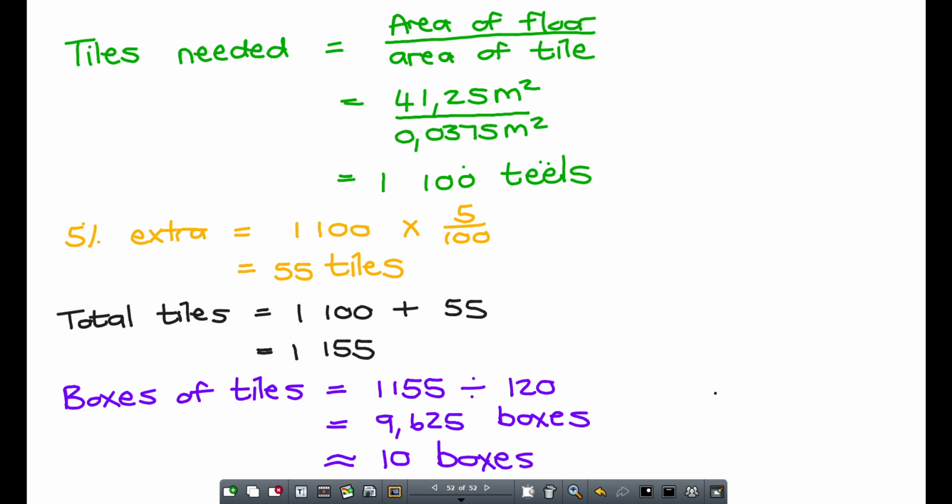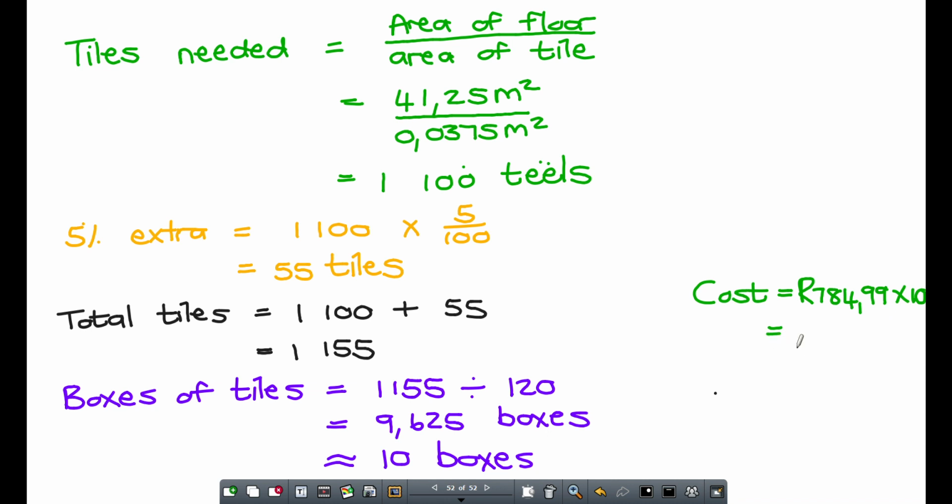Okay, nou een van daai bokse kos mos R784.99. Ek dink dit gaan ek sommer langs die kant skryf. 784,99. I'm going to times that with 10 boxes.